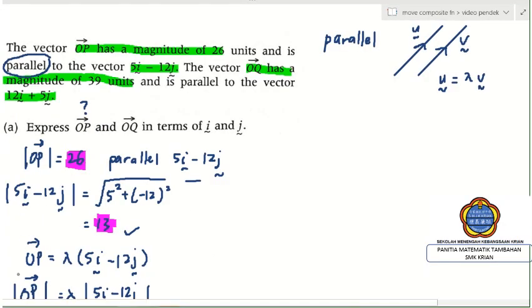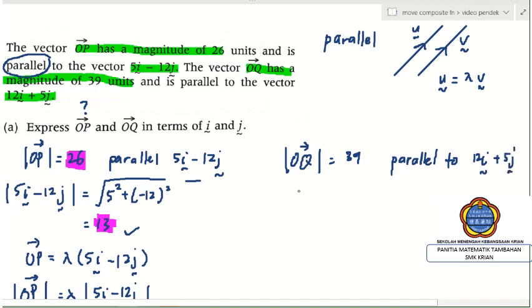Okay, we finish OP. Now we continue for vector OQ here. What is vector OQ? The question just gives you magnitude of OQ is equal to 39 units, and it is parallel to vector 12i plus 5j.